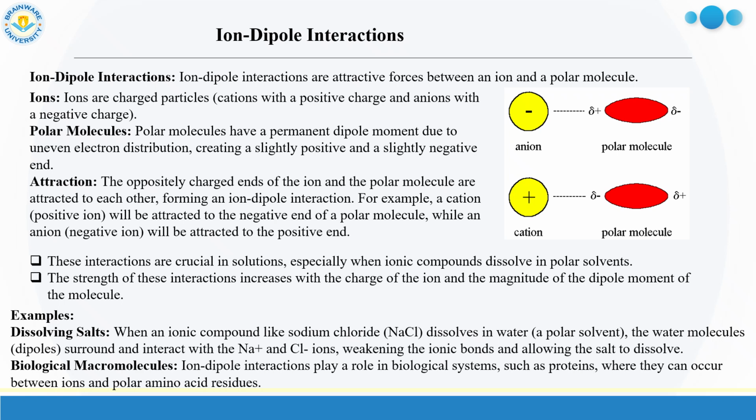An anion, meaning a negatively charged particle, will be attracted by the positively charged end of a polar molecule. Similarly, a cation, that is a positively charged particle, will attract the negative end of the polar molecule.